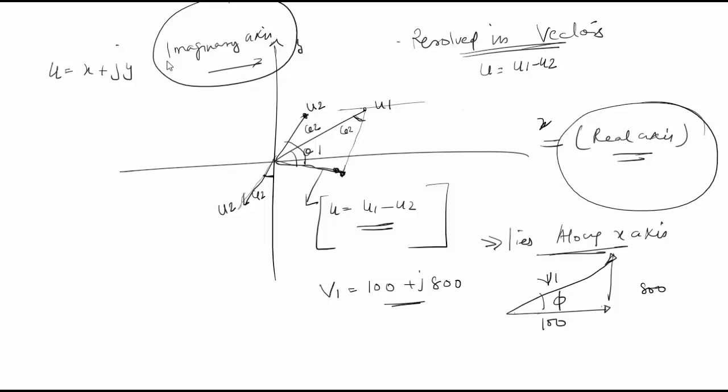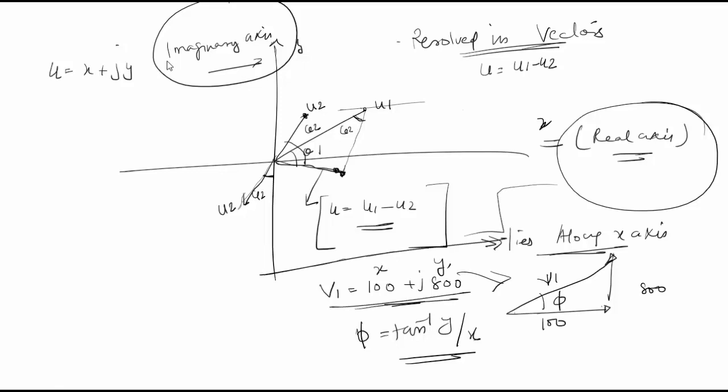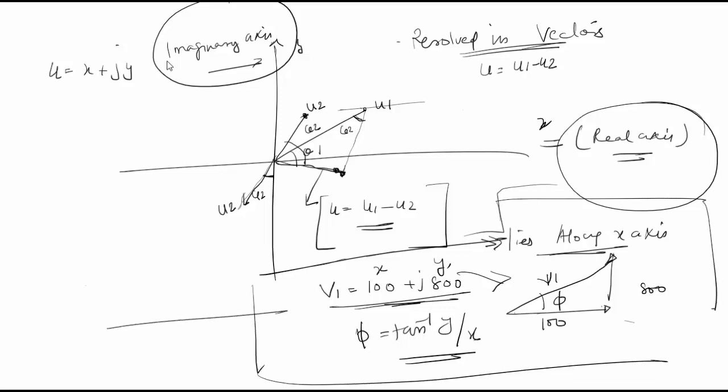This will be my phase angle phi, which can be found by tan inverse of y by x, if this is your x and this is your y. So this is how it's possible to apply this idea to solving problems related to electrical engineering and other engineering fields involving vectors. It makes calculations very simple by considering complex numbers.